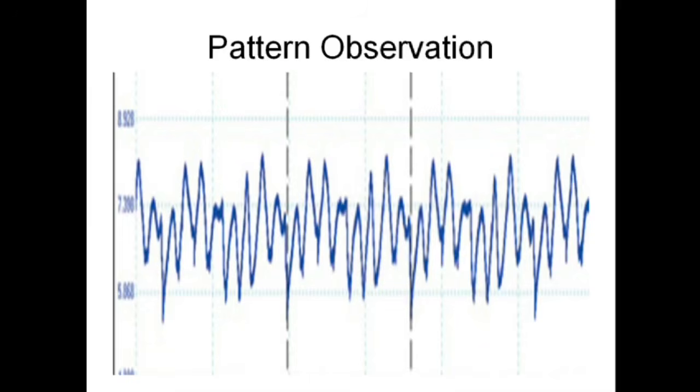If you start to see every other hump looking a little different or something not uniform, as you can see in this pattern observation, we're somewhere around 7 amps stabilized current, but you can definitely see the up and down movement in the pattern. That means we have some play in our armature and we have some poor brush contact.